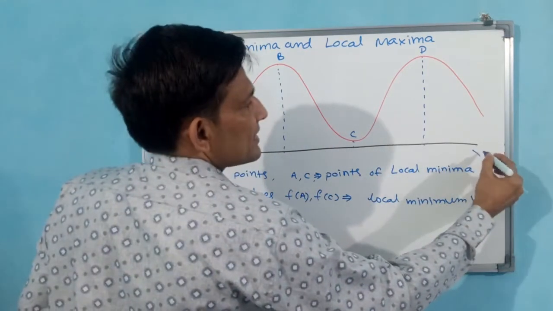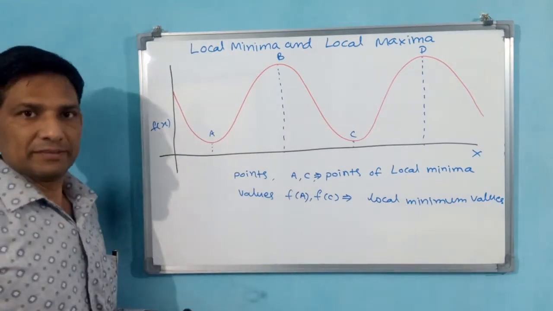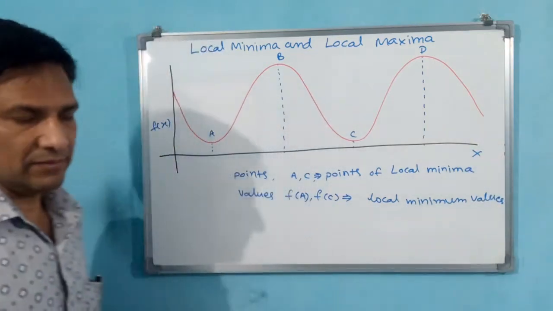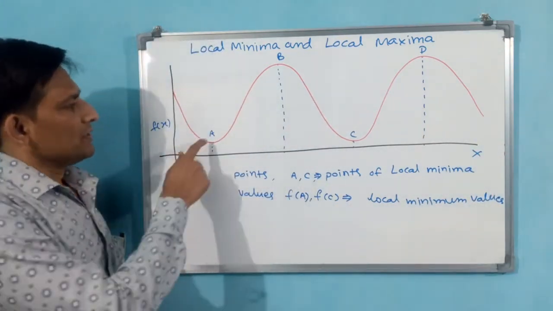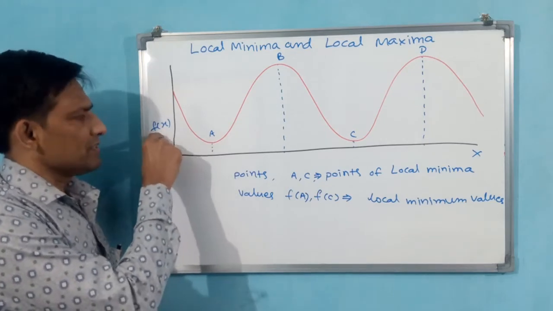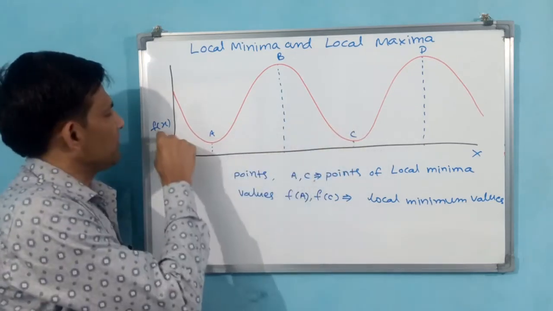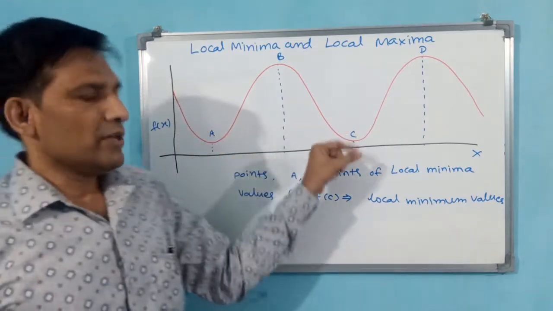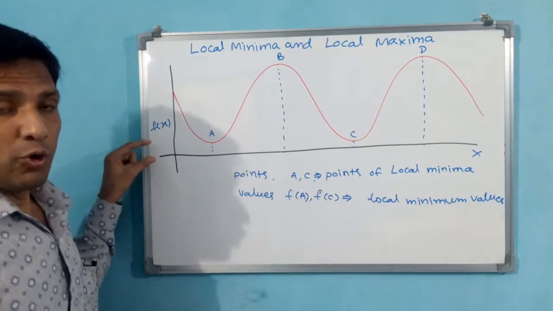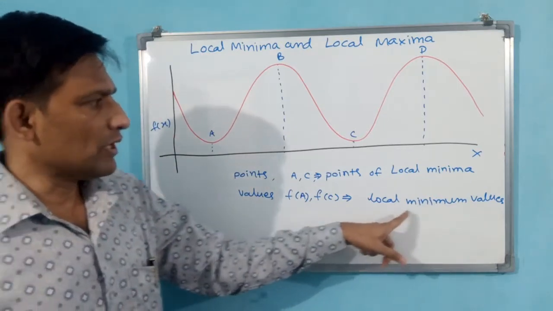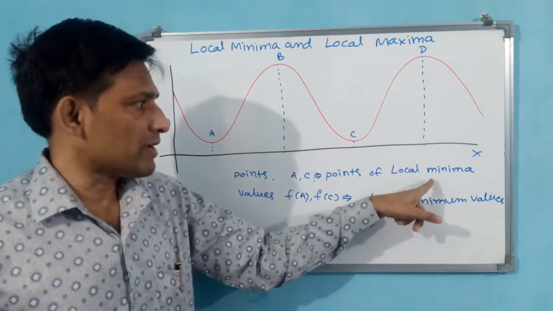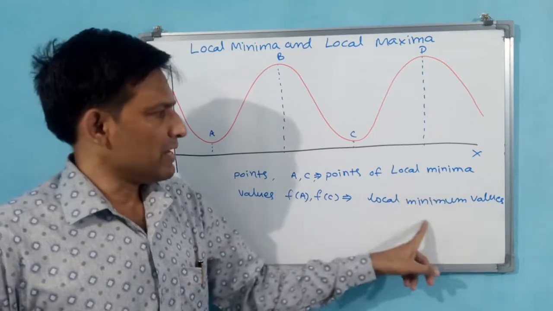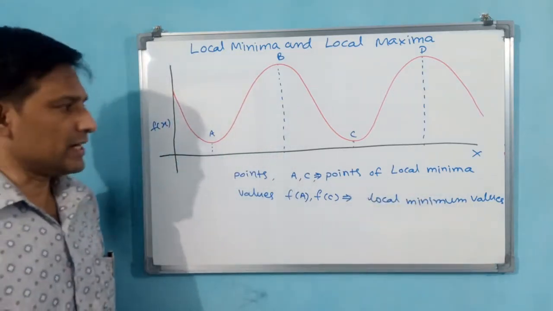This is x and this is f of x. F of x we plot on the y axis, x we plot on the x axis. At A, f of x has some value, and at C also f of x has some value: f of A, f of C. These are local minimum values. Here values have come, there only minima. Minima and minimum values are both different, and you have to understand that.